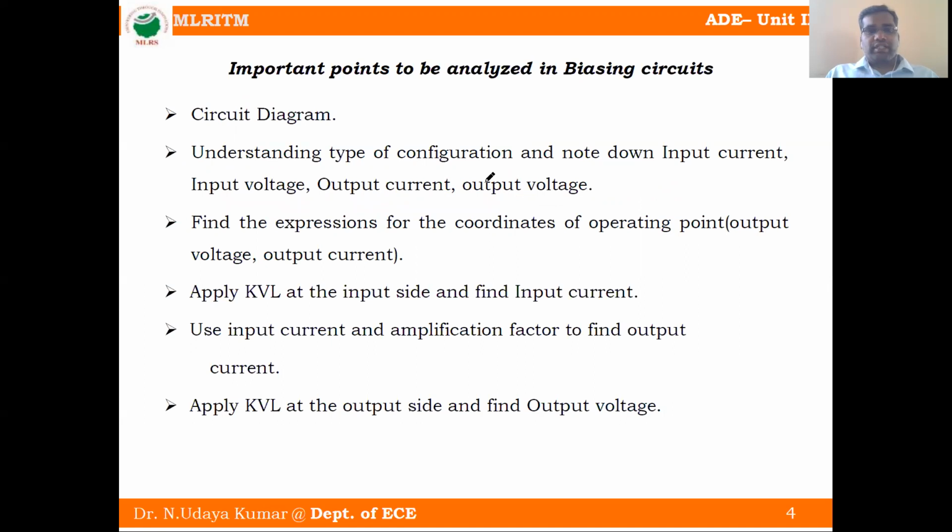Before studying the collector to base bias, we have to remember these points. First one is the circuit diagram. After that, you can analyze the circuit diagram. What is the input current? What is the input voltage? What is the output current? And what is the output voltage?